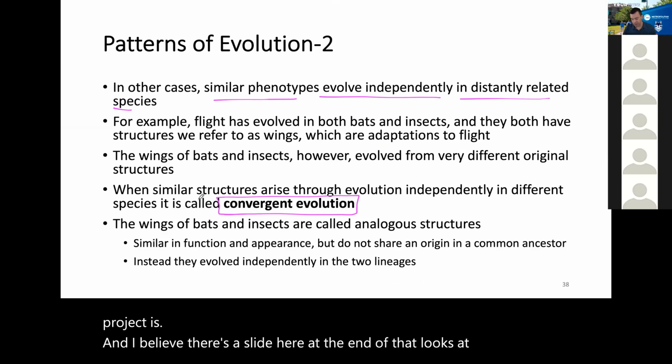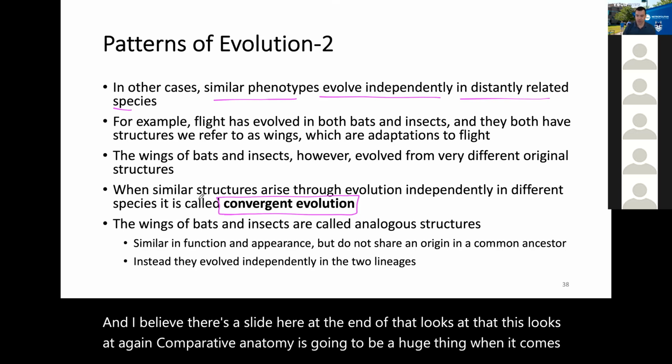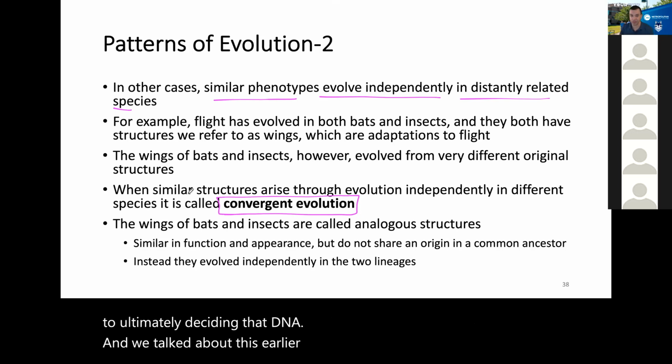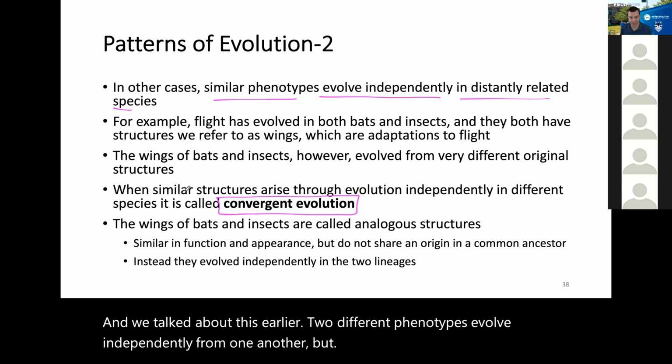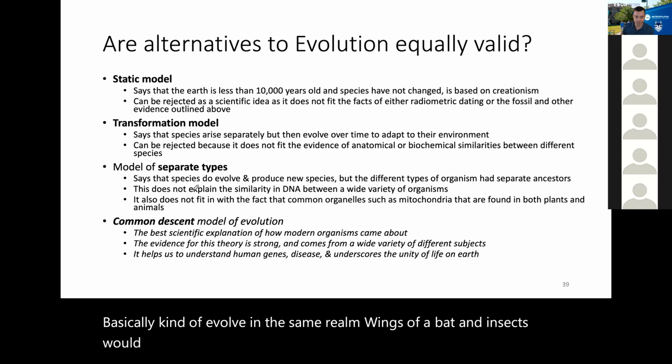Comparative anatomy is going to be a huge thing when it comes to ultimately deciding that in DNA. And we talked about this earlier. Two different phenotypes evolve independently from one another, but basically evolve in the same realm. Wings of a bat and insects would be a classic example of that.